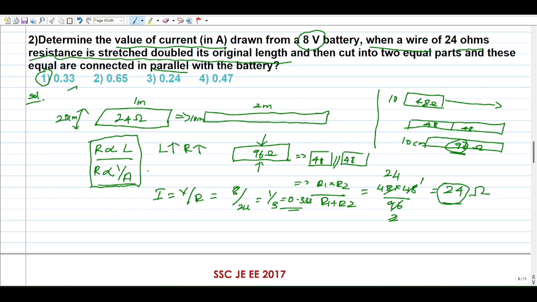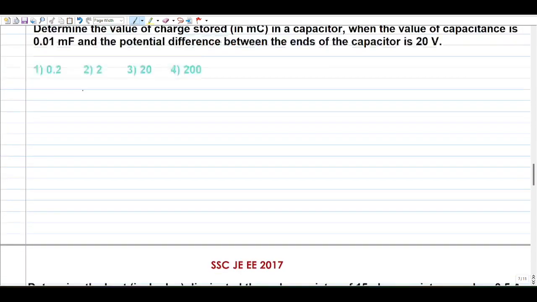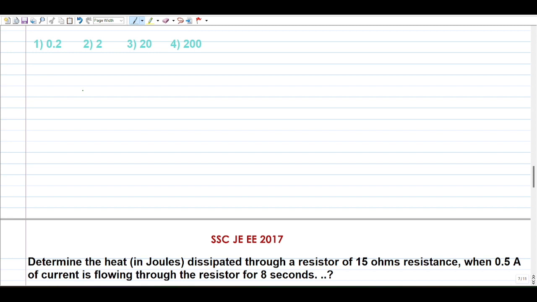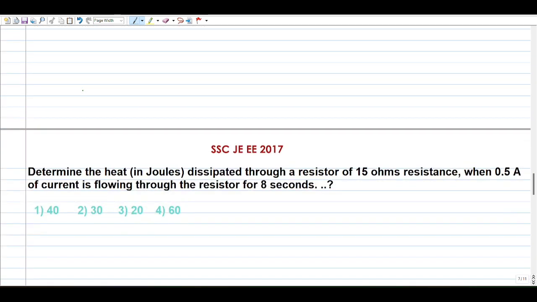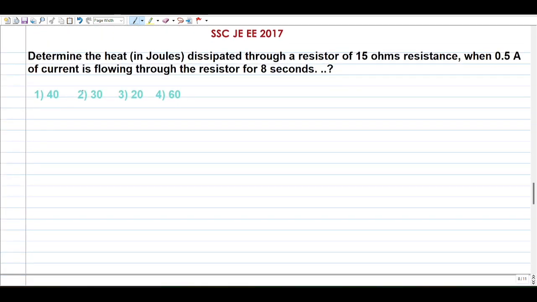Okay, now we will solve the next problem. Determine the heat in joules dissipated through a resistance of 15 ohm when 0.5 amps of current is flowing through the resistor for 8 seconds.